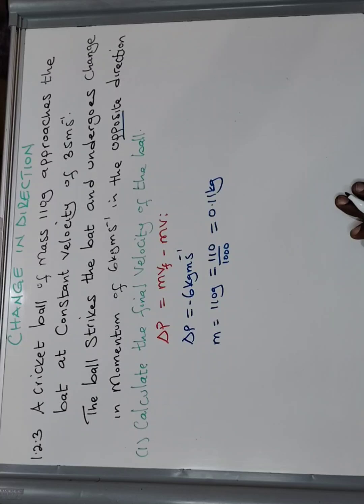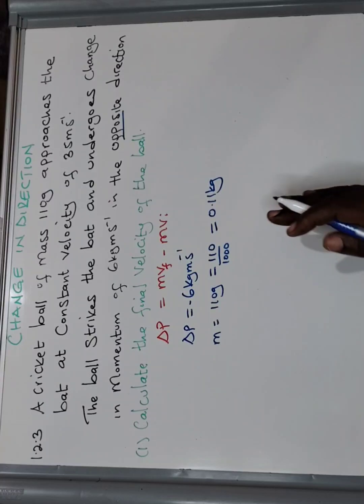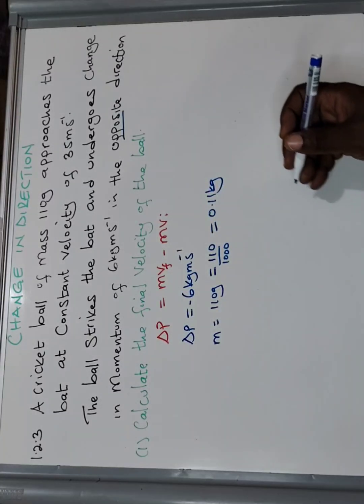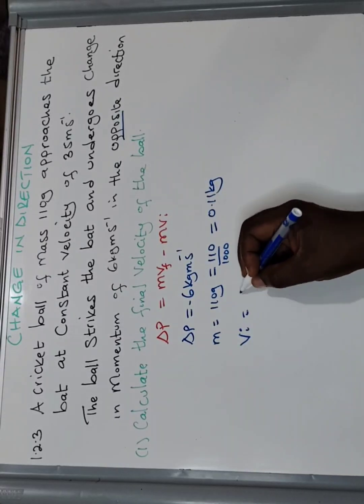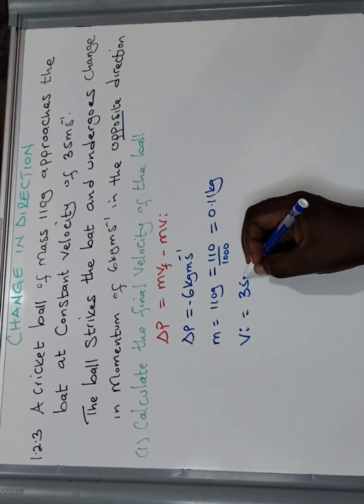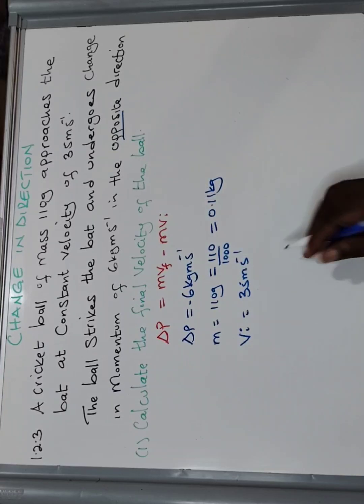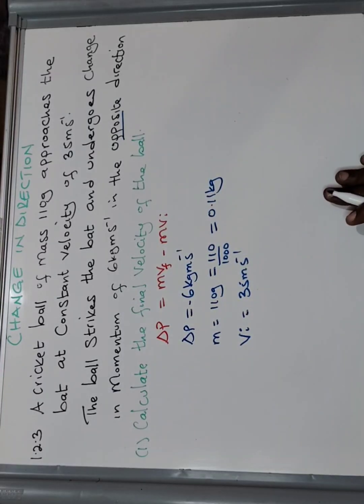Okay. What else do we know? We know the initial velocity, and it is 35 meters per second. Okay.